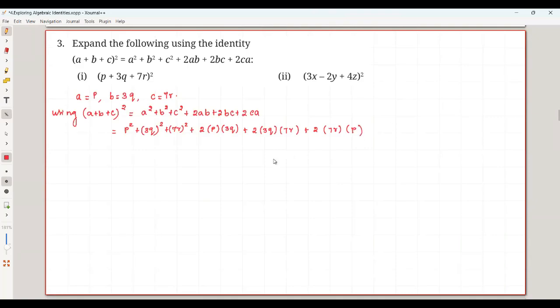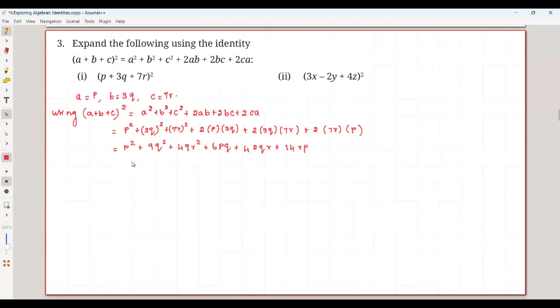Now just simplify it, so you'll be getting the answer. Right, now this is equal to p square plus 3 square is 9, okay, q square plus 7 square is 49, okay, r square plus 2 3s are 6 pq plus 2 3s are 6, okay, 6 7s are 42, 42 qr plus 2 7s are 14, 14 rp.